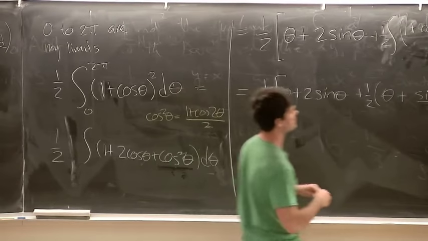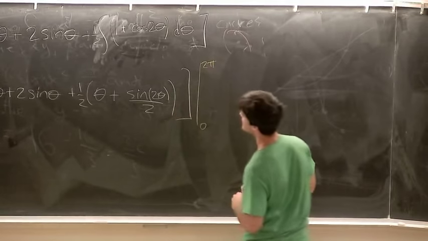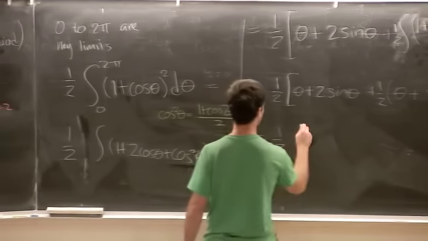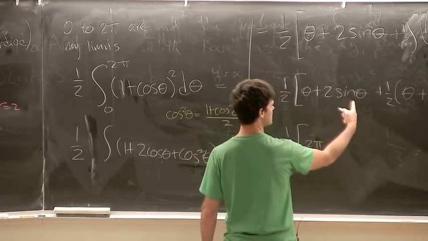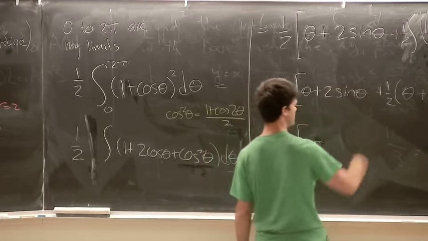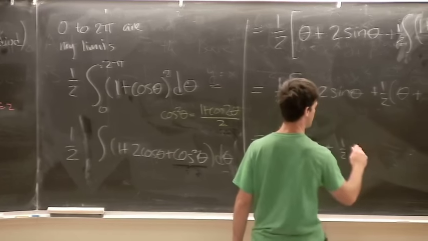And let's put my limits of integration. They were 0 to 2 pi. So I'll get 1/2. Okay, that's a 2 pi. Sine of 0 and sine of 2 pi is 0. Plus 1/2 of, let's see, that's a 2 pi.